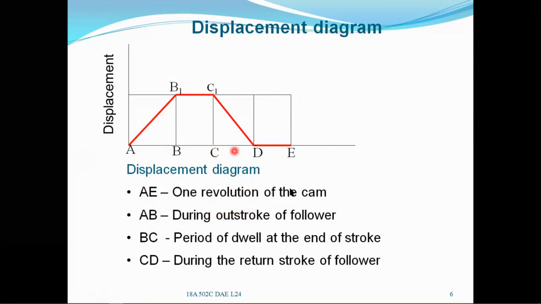The remaining D to E will be the dwell period at the end of the return stroke. So AB is the forward stroke, BC is the dwell period at the end of the outstroke, CD is the return stroke, and DE is the dwell at the end of the return stroke and before the outstroke.